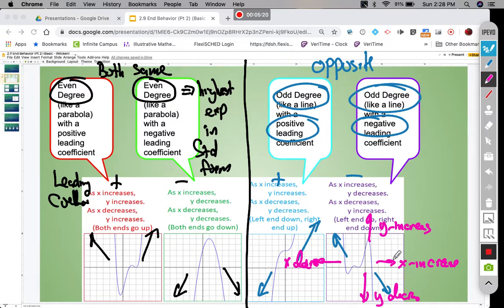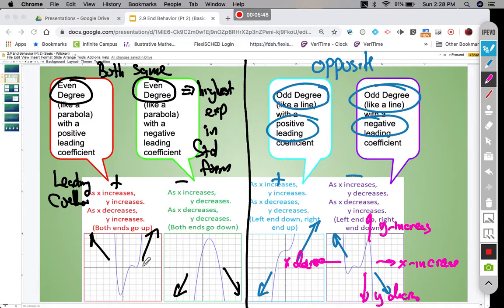So here, as x is increasing as you're going to the right, y is decreasing. As x increases, y decreases. As x is decreasing, we're going to the left, y is increasing. Y is going up. One of these four choices is going to be your answer every time you are asked an end behavior question about polynomials.